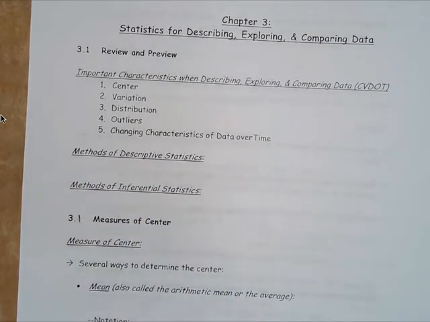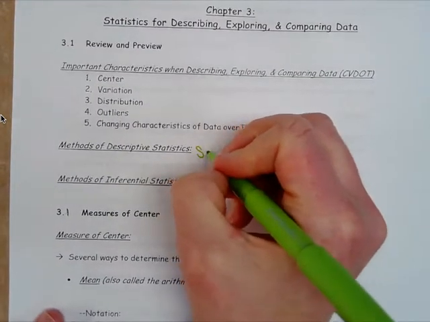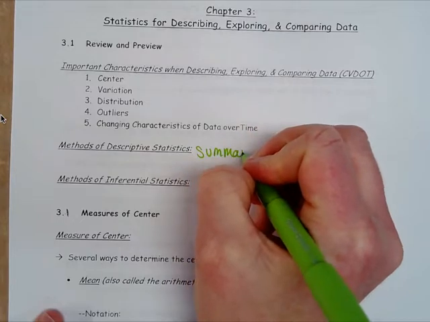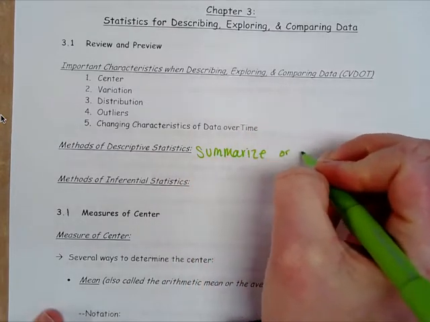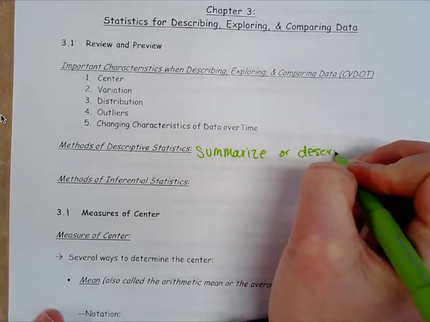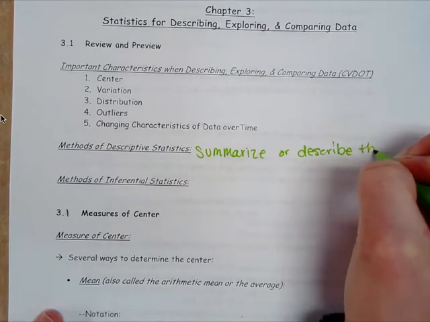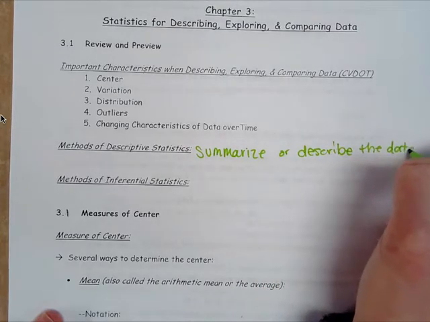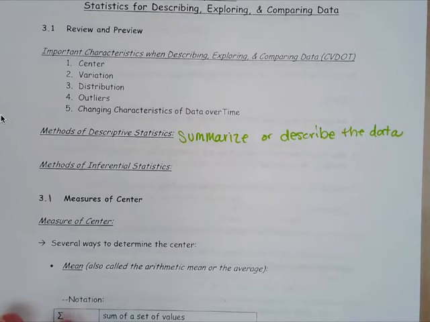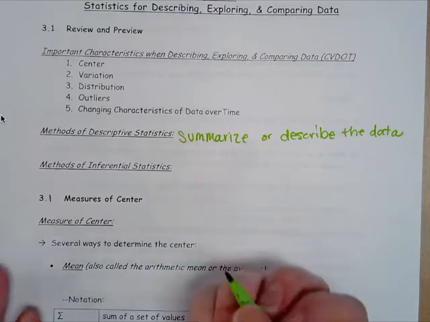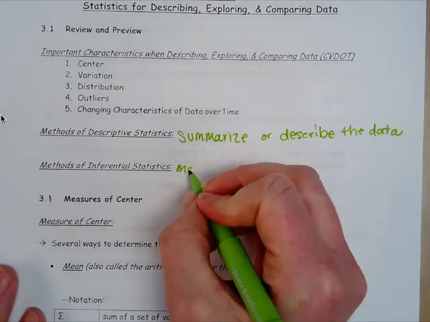Descriptive statistics is whenever you summarize or describe the data. And then inferential is when you make inferences about the population, or generalizations or predictions.